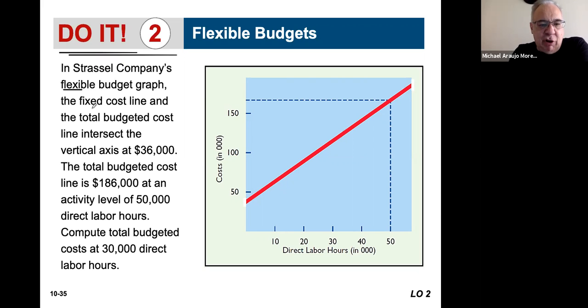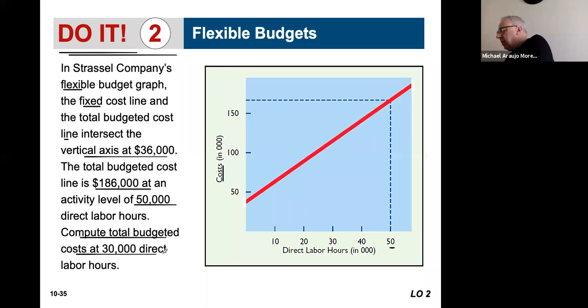The fixed cost line and the total budgeted cost line intersect at $36,000. Total budgeted costs are 186,000 at an activity level of 50. Compute the budgeted costs at 30.